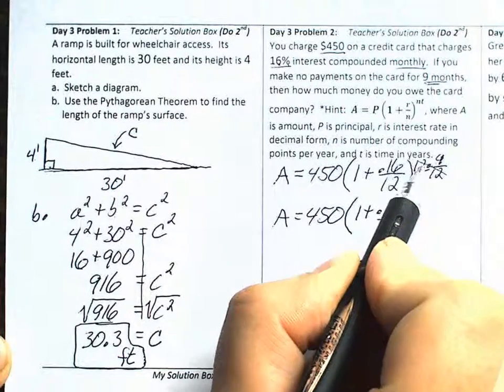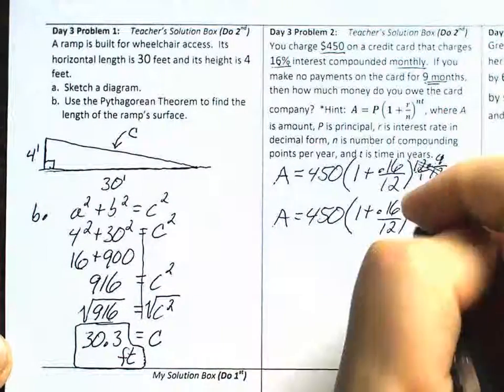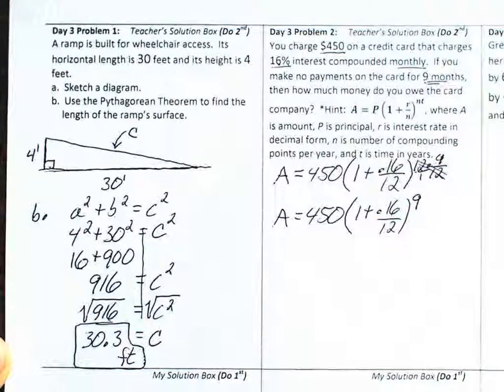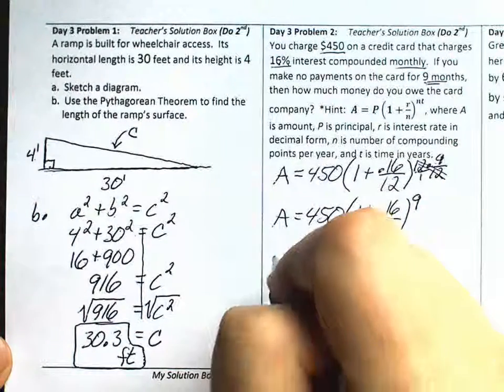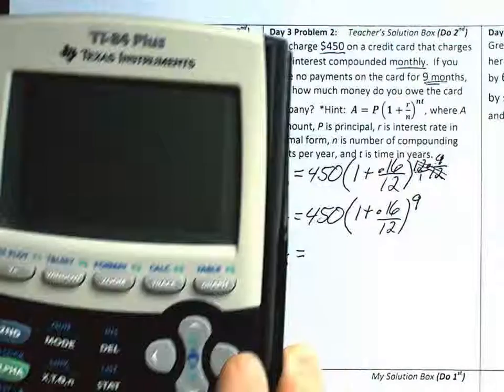These 12s cross-cancel, and look what's left to be the exponent. Just a 9. That's going to be a lot better to type in. So A equals, let's type this in the calculator and see how much money we owe our credit card company after 9 months.